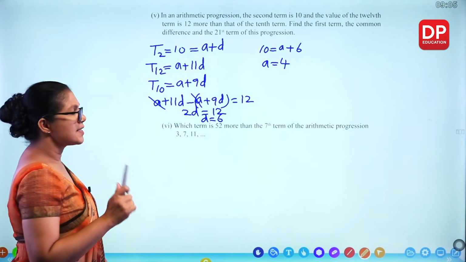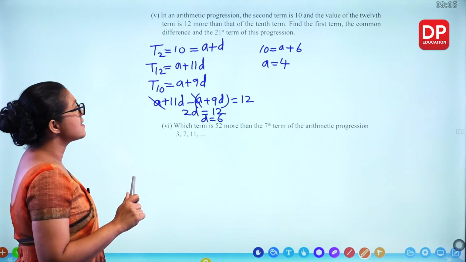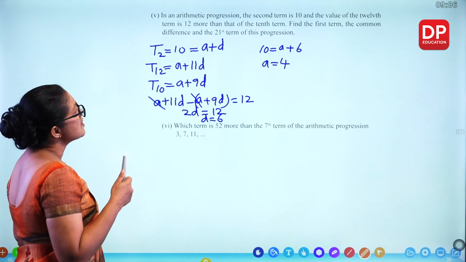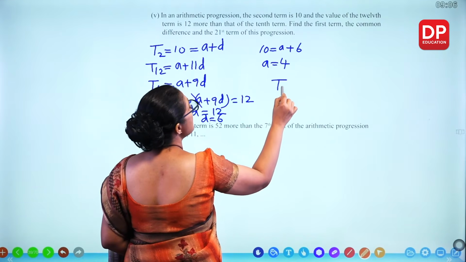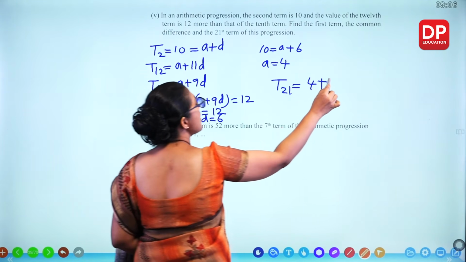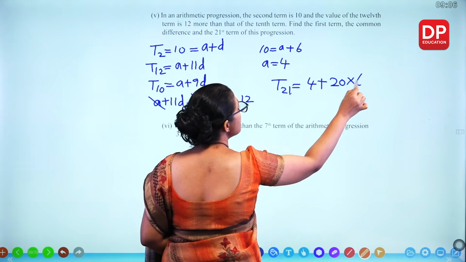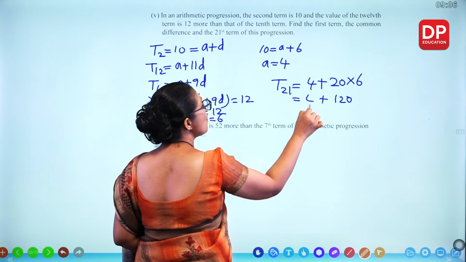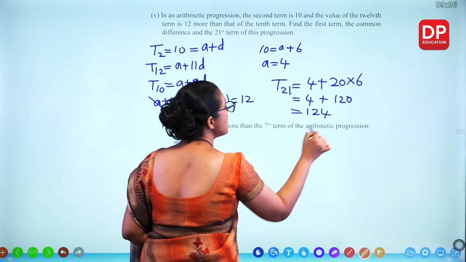Now we know the first term is 4, difference is 6. What's the 21st term? T21 is first term plus 20D. D is 6. 20 times 6 is 120. 120 plus 4, 124.